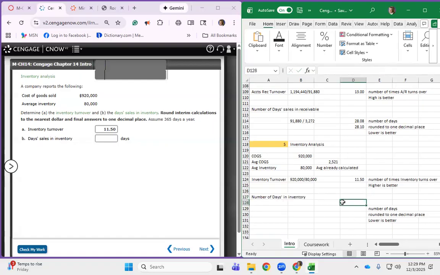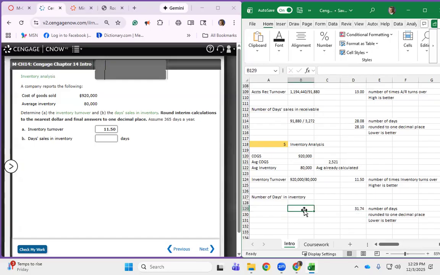Okay, so what we need to do is use average inventory this time for our numerator. And then we're going to divide by the average cost of goods sold, right, 3174.